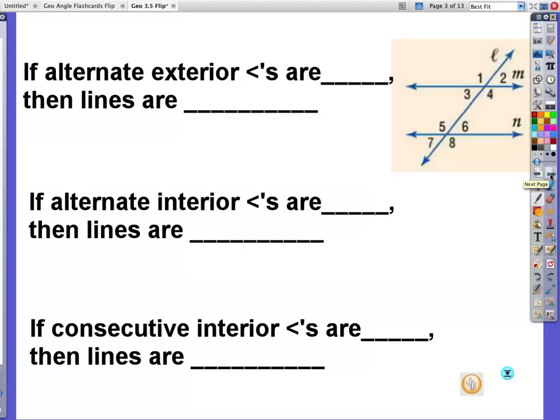If alternate exterior angles, make sure this all makes it to your notes. If alternate exterior angles are congruent. So if I show you that angle 8 is congruent to angle 1, if they are congruent, then the lines are going to be parallel.